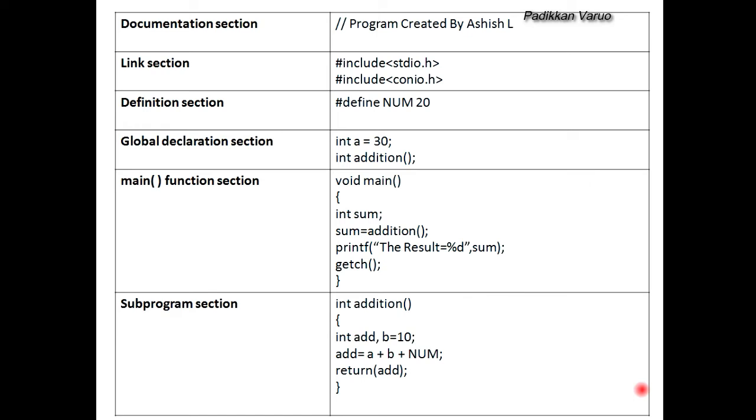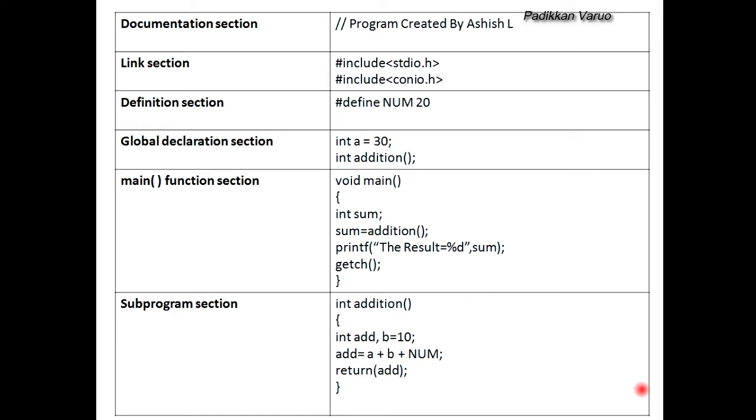Here we are not clubbing the addition instructions into the main program; we are separating the addition from the main program and keeping it as a subprogram section. So this slide defines the basic structure of a C program with an example.